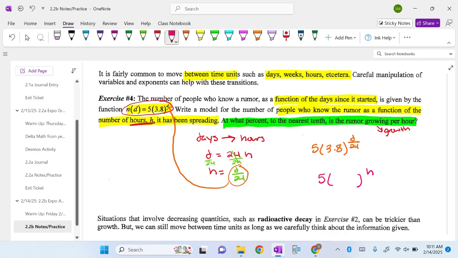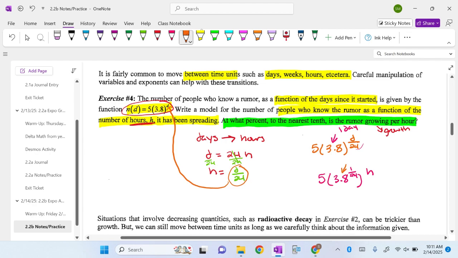What did we do in the last problem to get rid of the divide? Right. We're going to raise this 3.8 to the 1 over 24 because we want to know what that rate is for 1 hour. So 1/24 of the day gives us 1 hour because this rate, 3.8, is over the course of 1 day.